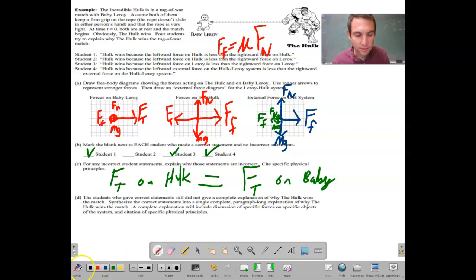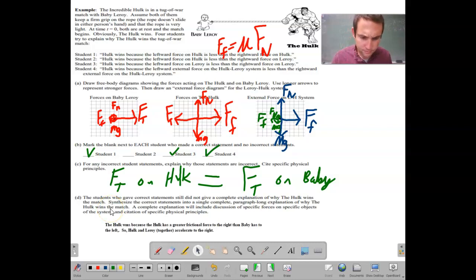Give me a second, I'm going to type all that up, and it'll be magic. So I quickly put: the Hulk wins because the Hulk has a greater frictional force to the right than baby has to the left. So the Hulk-Leroy system together accelerates to the right. That's it. Do more practice problems. Get down Newton's third law.